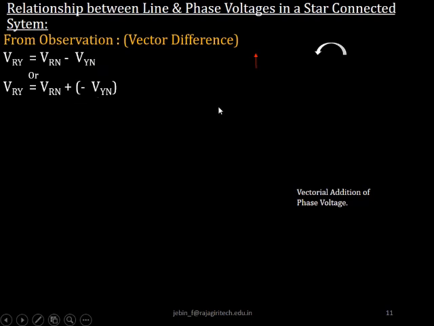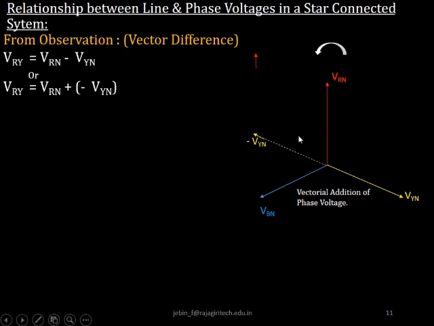So we'll represent the phase voltages initially. My VRN, VYN and VBN represent the phase voltages of a balanced star connected system, and this is a phasor representation. Now we are going to perform the vectorial addition of these two vectors VRN and minus VYN. So we'll draw minus VYN and we are going to add this.